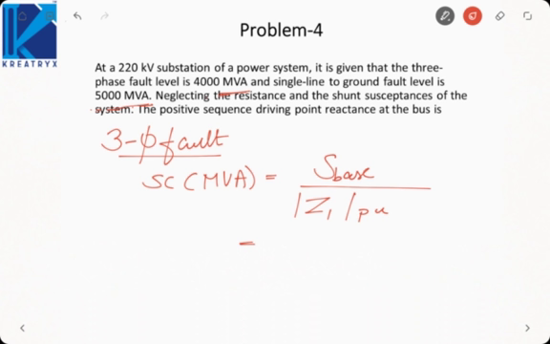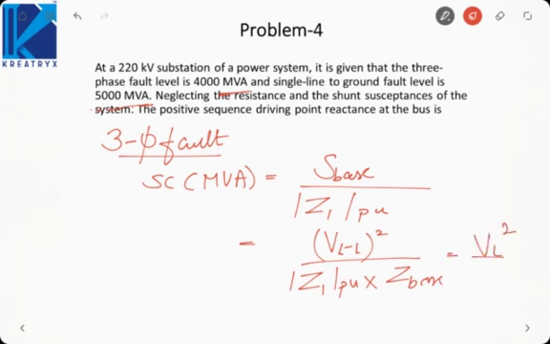Now S base can be written as V line to line square by Z base, that is VL square by Z1 in ohm. Okay, so this can be the other formula for short circuit MVA.